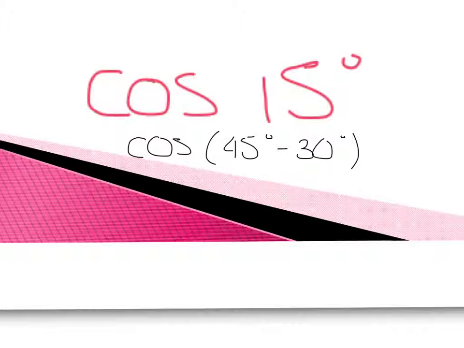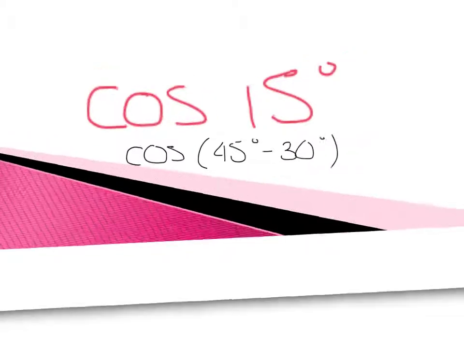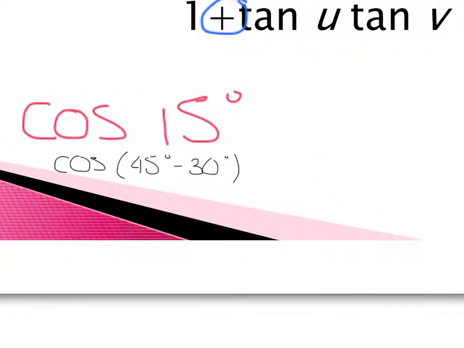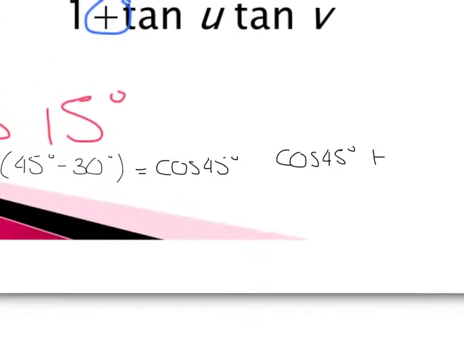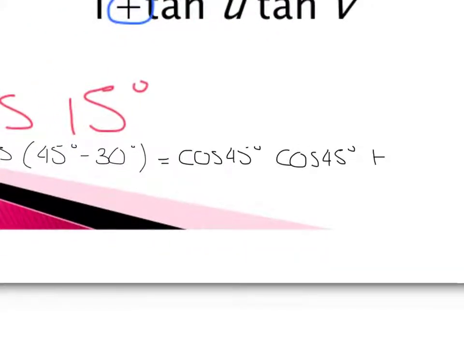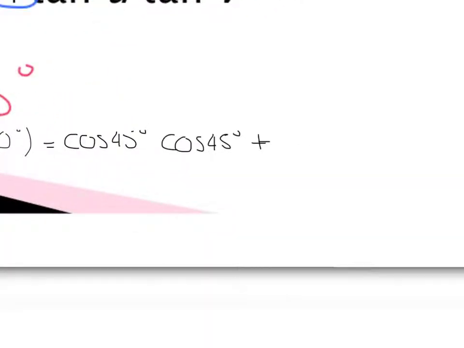So the formula says for cosine, and if it's the difference, that means I'm going to be adding. I take cosine of the first angle, cosine of the second angle. The signs switch for cosine, so it's plus the sine of the first angle times the sine of the second angle.